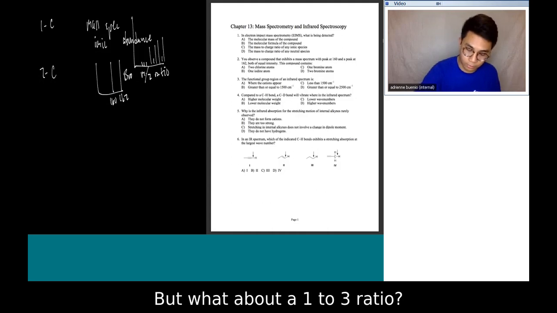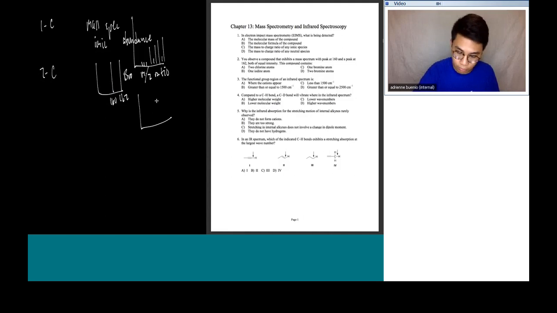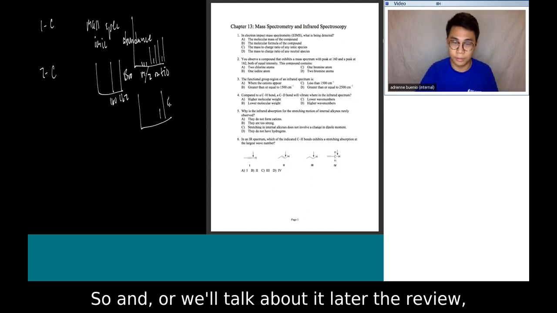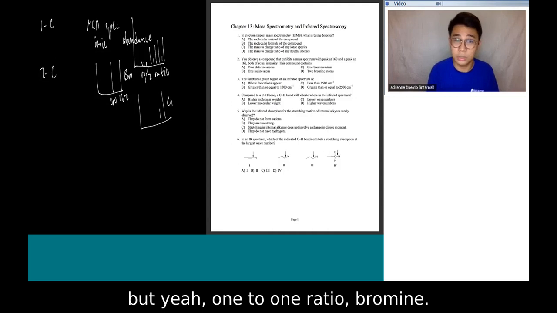But what about a 1 to 3 ratio? That's going to be chlorine. We'll talk about it later at the review, but yes, a 1 to 1 ratio means bromine.